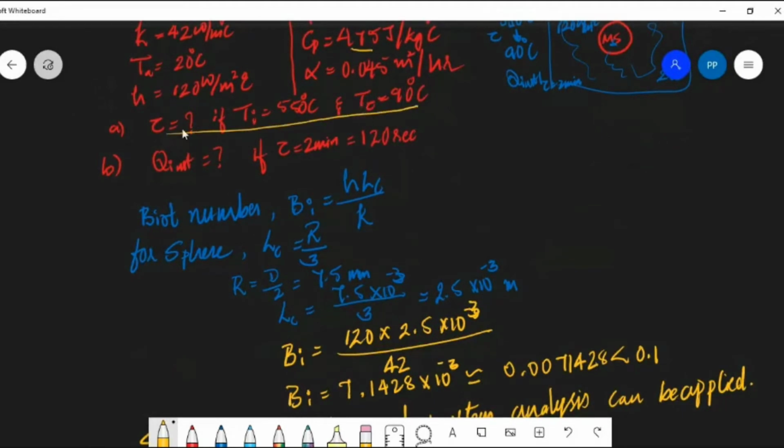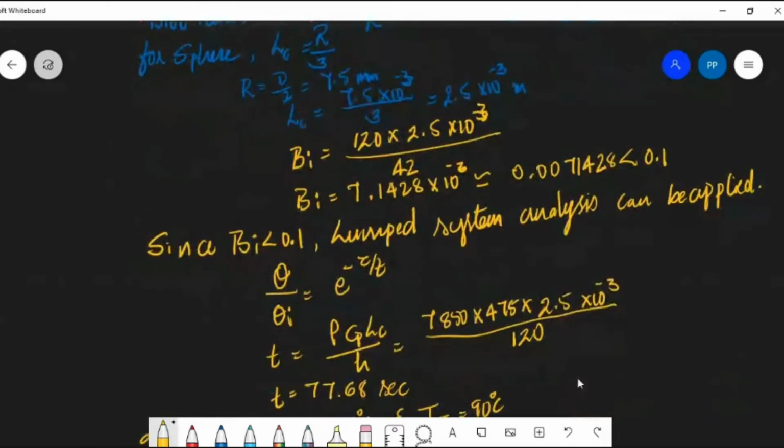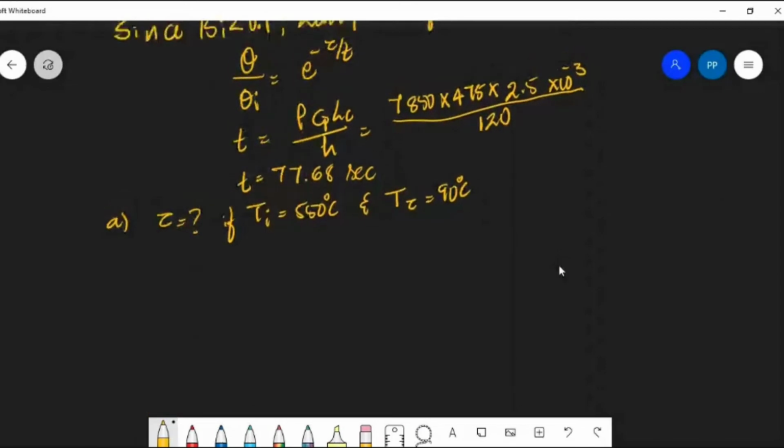We need to find out the time: if the cooling starts from 550 and ends up at 90 degrees Celsius, what is the time taken for the cooling? So let us use this equation: theta is T tau minus Ta divided by theta i is Ti minus Ta, which will be equal to e to the power of minus tau by T.